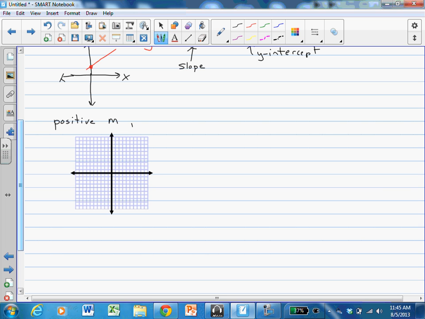Let's look at when b is equal to 0. So try that. Good. So hopefully you drew something that looked like this. A line. B is 0. It crosses the y-axis at the origin.